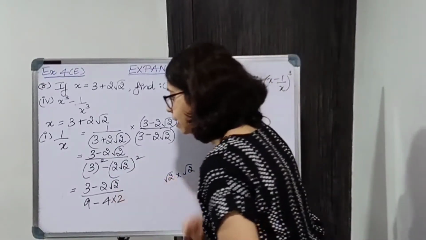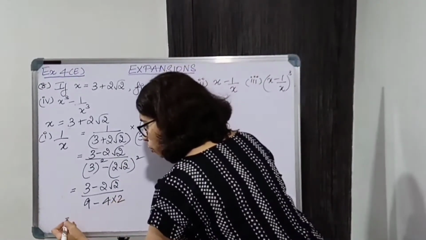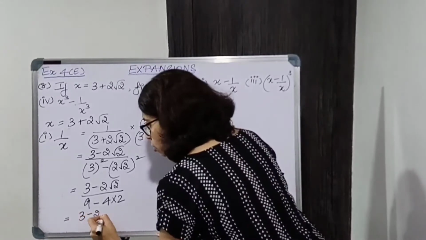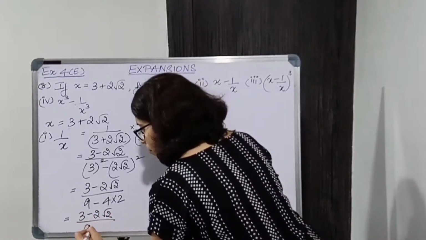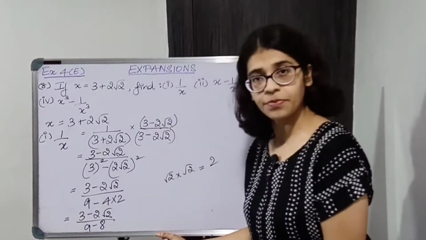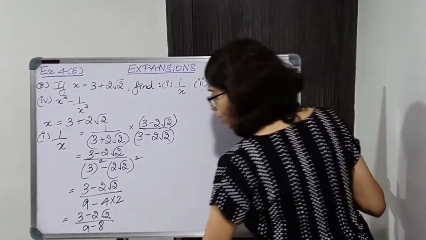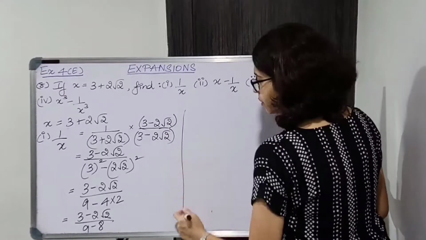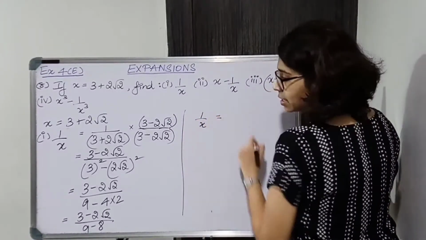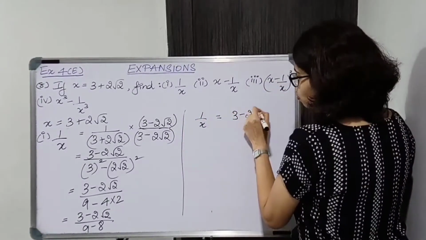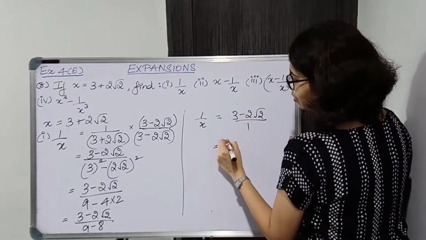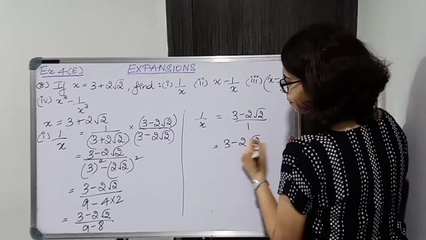And multiply. So 3 minus 2 root 2 upon 9 minus 8. So we get 1 in the denominator. So 1 upon x is equal to 3 minus 2 root 2 upon 1, that is nothing but 3 minus 2 root 2.